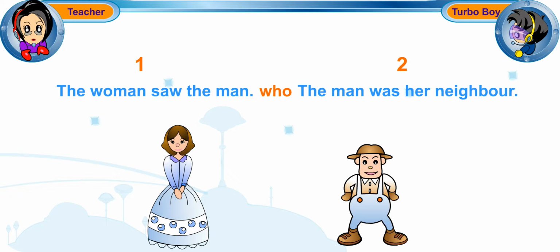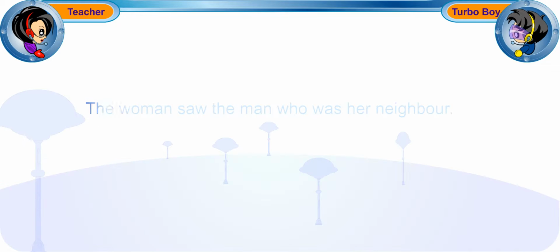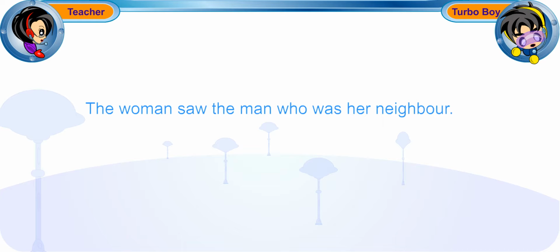Next, we must cancel the repeated noun, the man. Finally, we must remove the full stop after the first sentence. There you have it. We now have only 1 sentence. Can you read this sentence? The woman saw the man who was her neighbor.